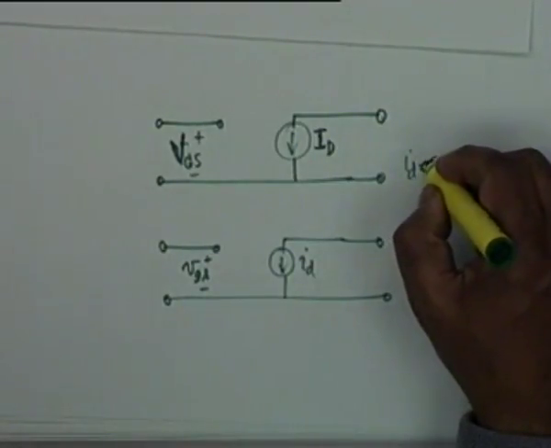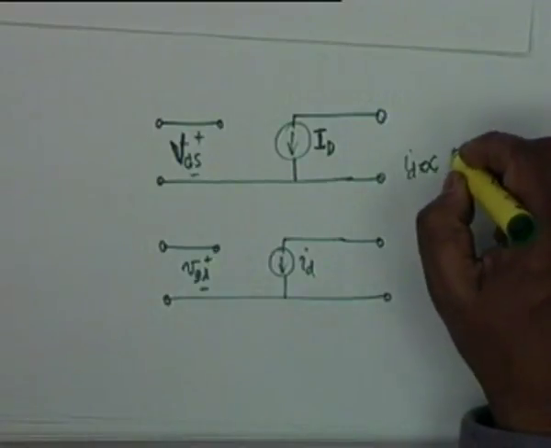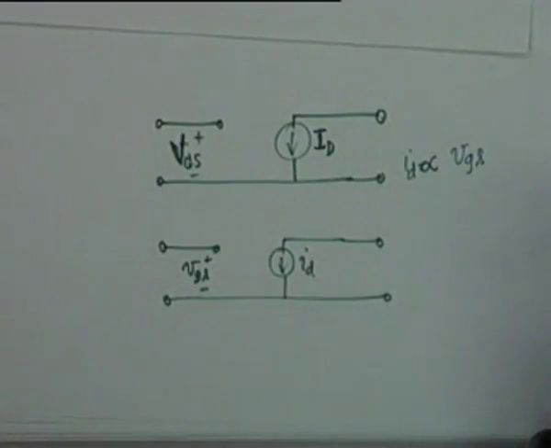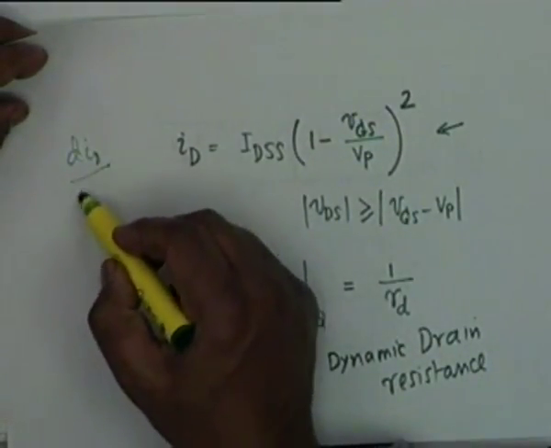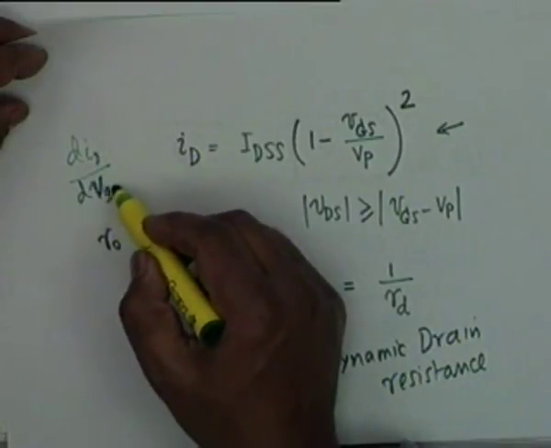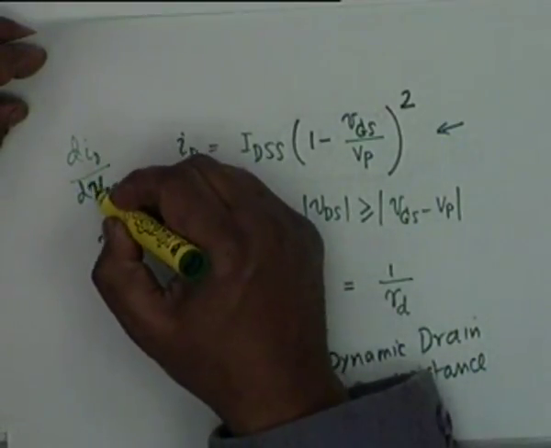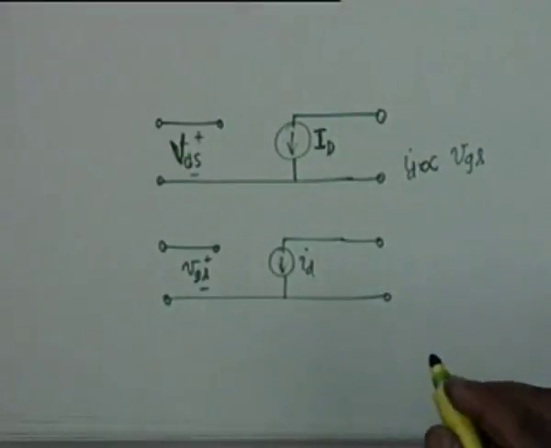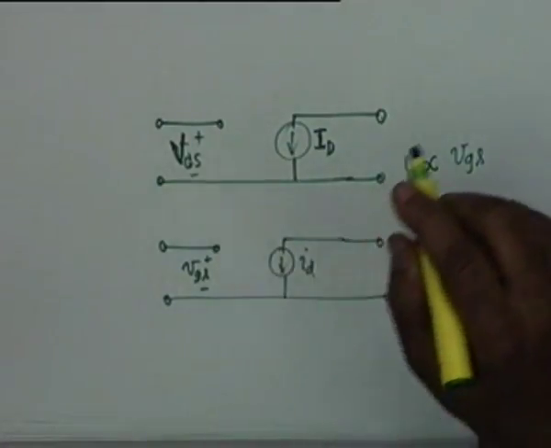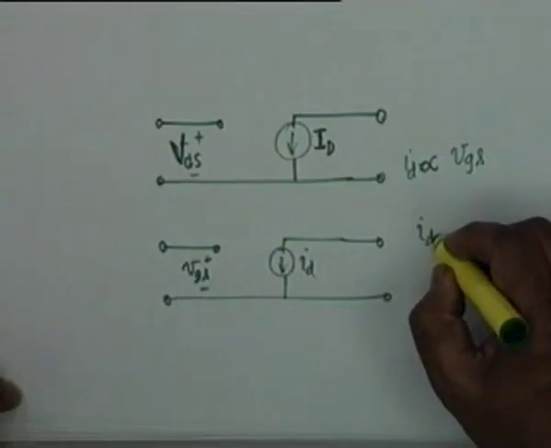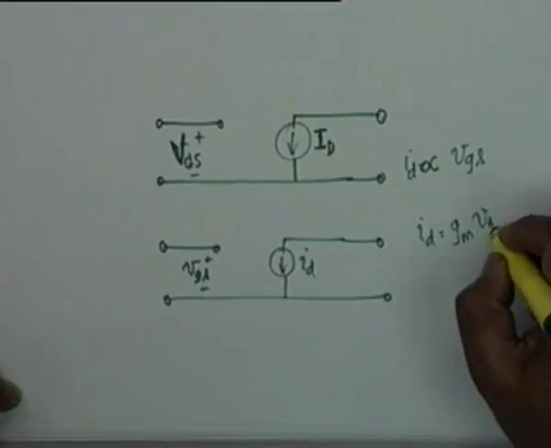I sub D would be proportional to VGS, and the proportionality constant would be dID by dVGS. What should be the dimension of the proportionality constant? Conductance. So ID is written as gm VGS.